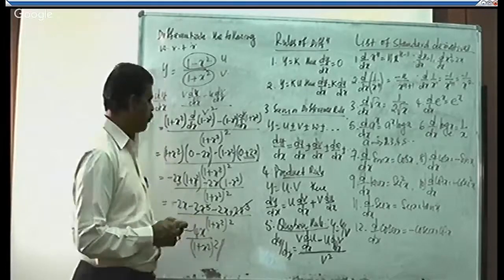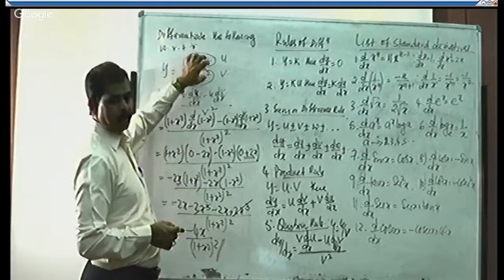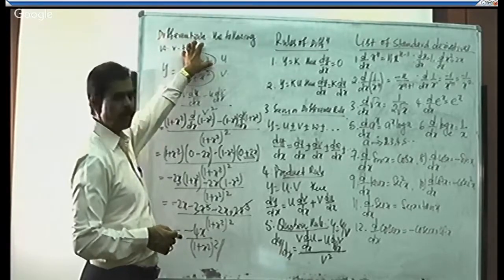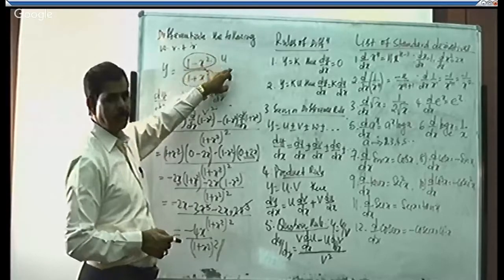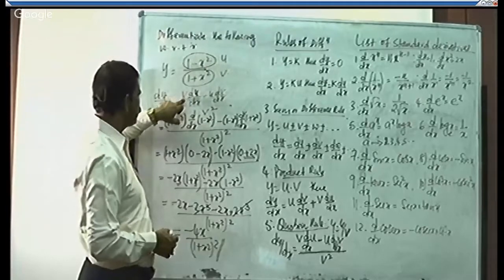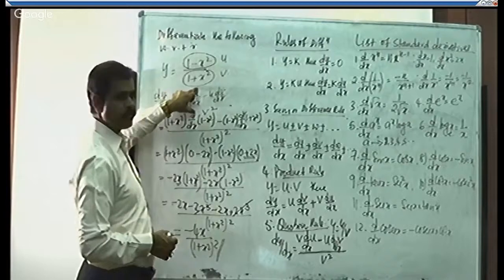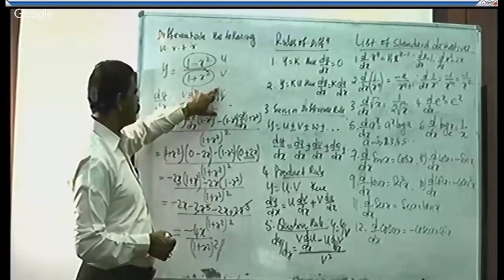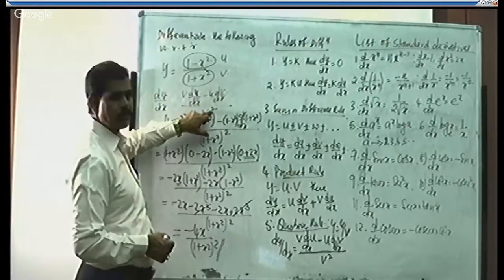If the problem is of numerator by denominator form, definitely you should take the whole thing in the numerator as u and the whole term in the denominator as v. You just write according to the formula. What the formula states: denominator into differentiation of numerator minus numerator into differentiation of denominator, divided by denominator square.